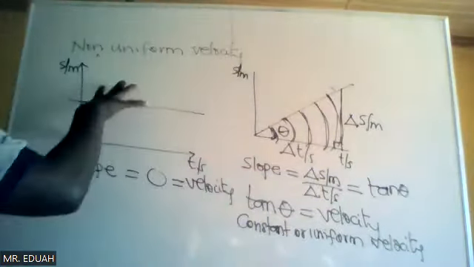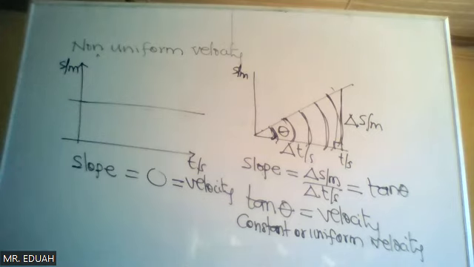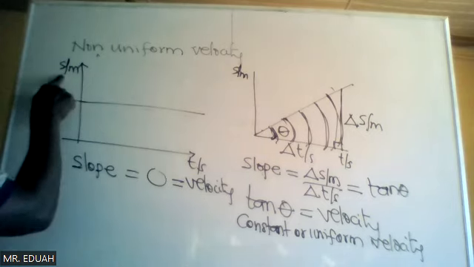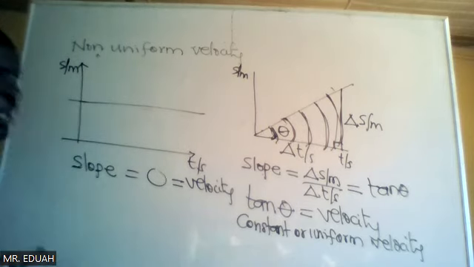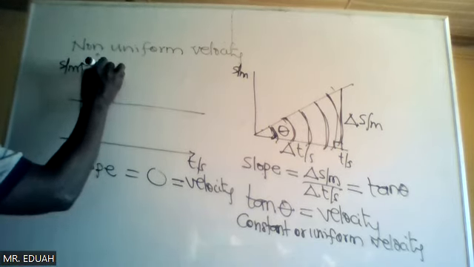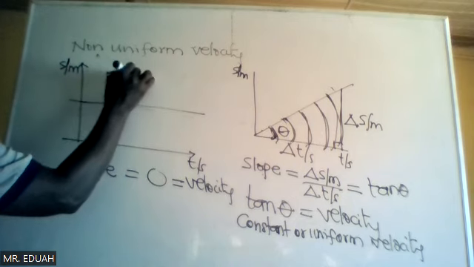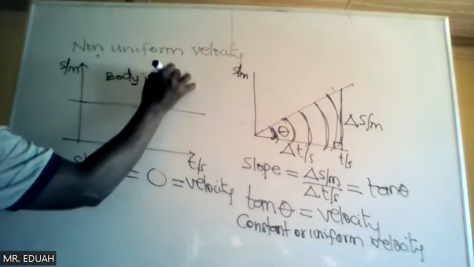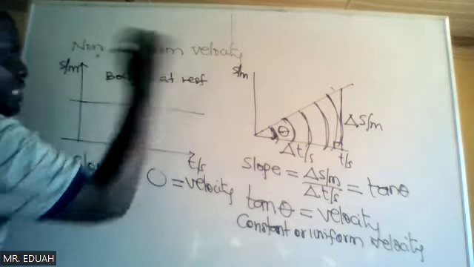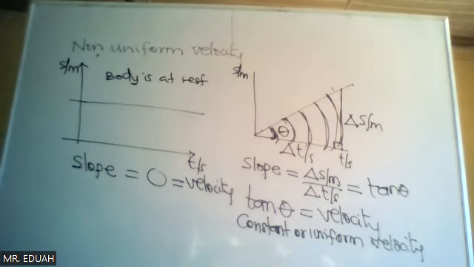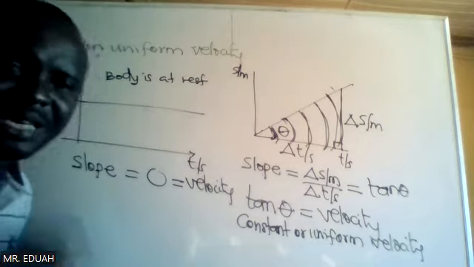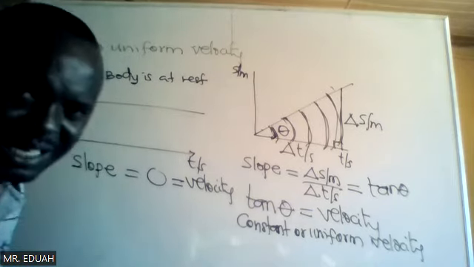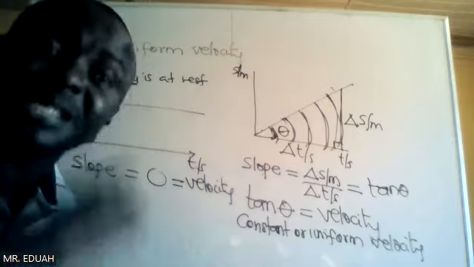Hence, whenever you have a displacement or distance time graph and the slope is 0, then the body is at rest or stationary, because the slope gives you the speed or velocity, but the slope is 0.